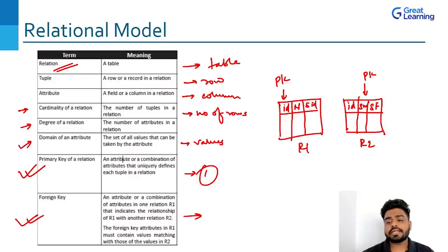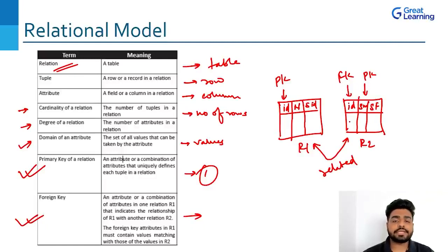Because I know that these two tables are related, and when two tables are related, and one particular column is already a primary key of the other table, this can't be a primary key of another table. This will be a foreign key of another table, okay?